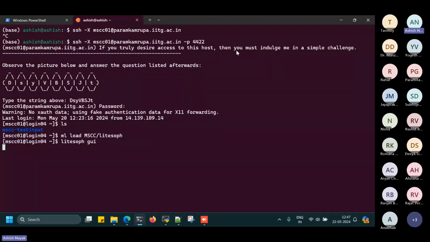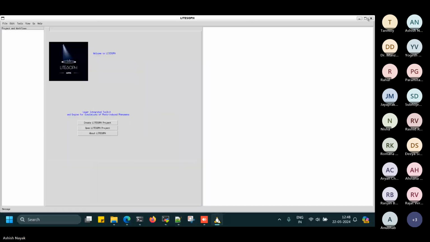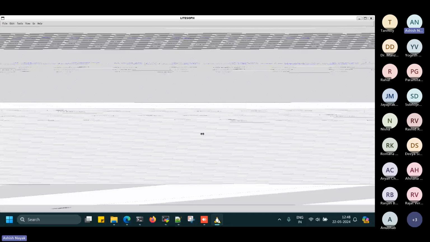It will also take some time. Here is the Linux GUI.